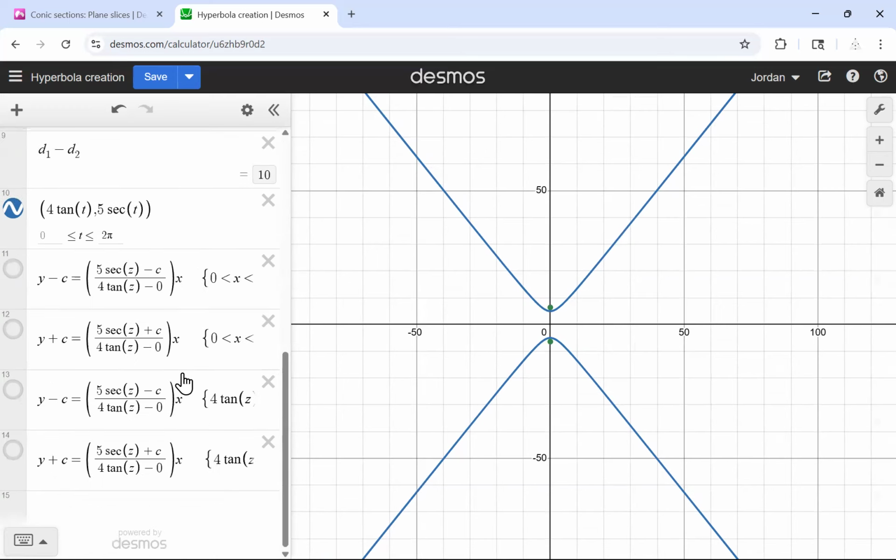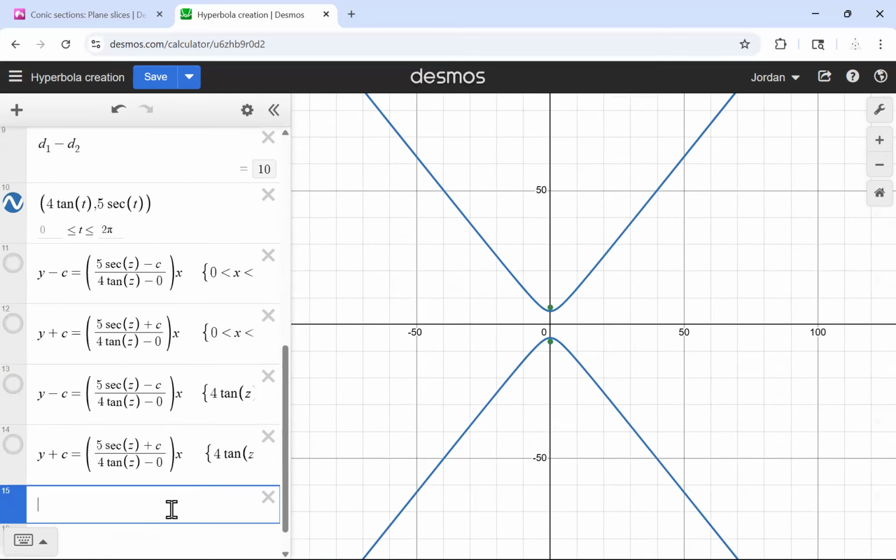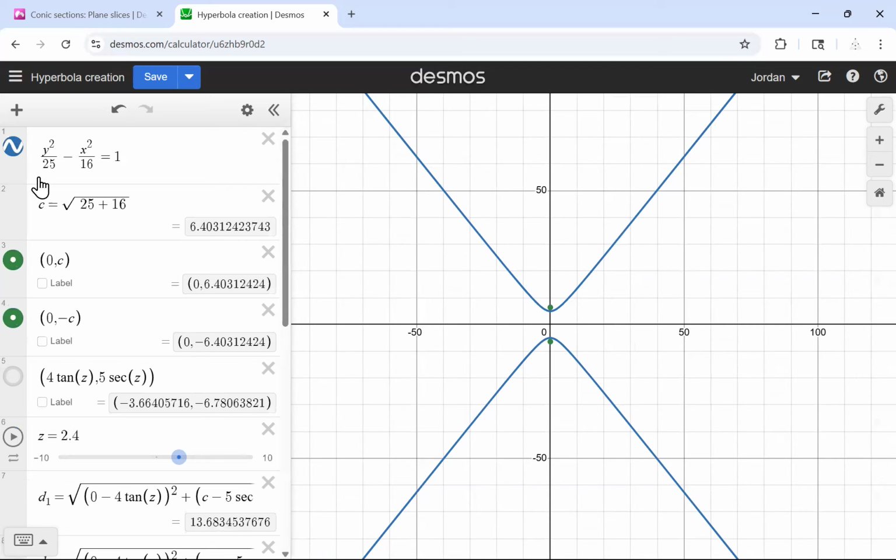In this case, let me just graph the lines. The number underneath the y squared is 25, so the square root of 25 is 5. Underneath the x squared, we get 16. The square root of 16 is 4. Slope is change in y over change in x.